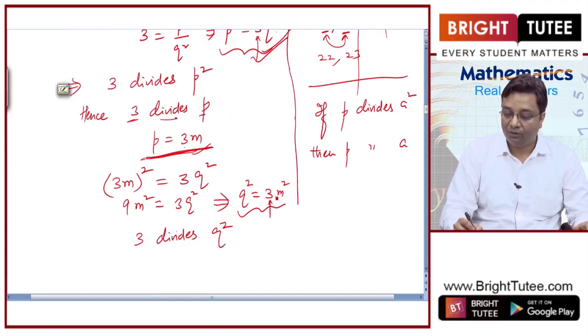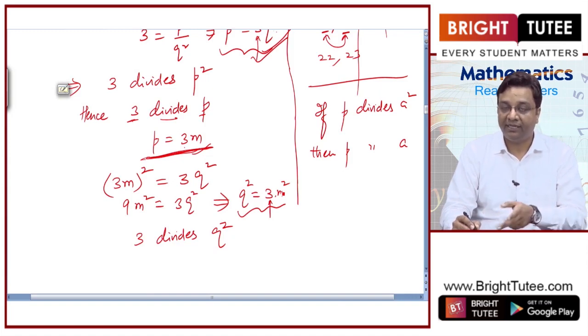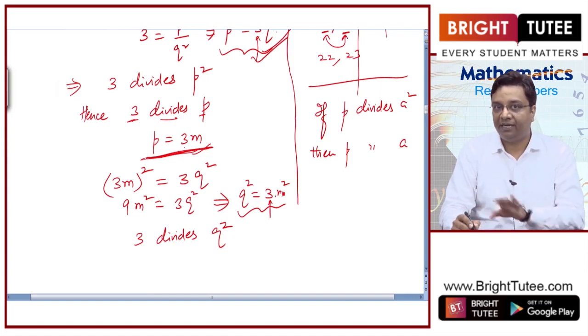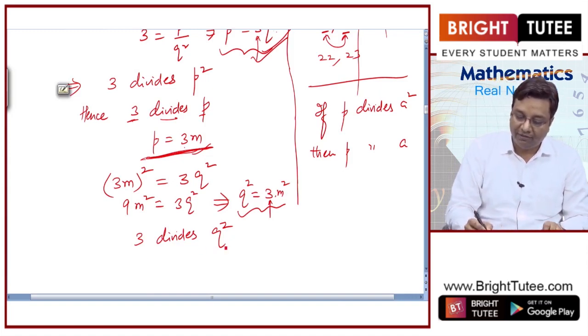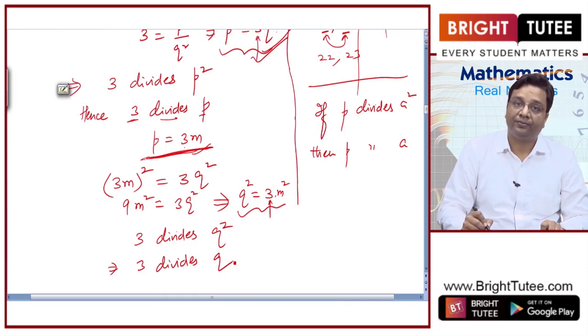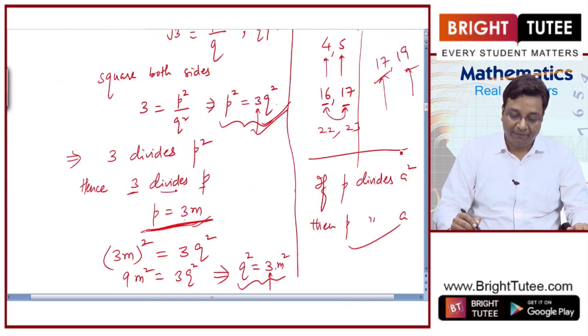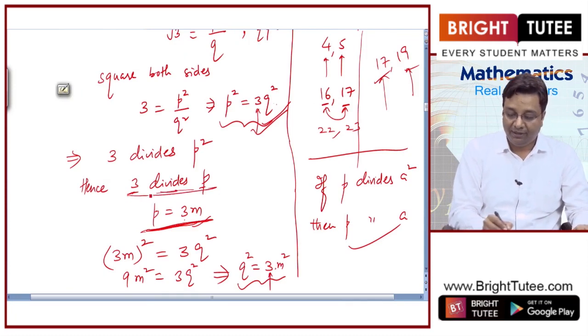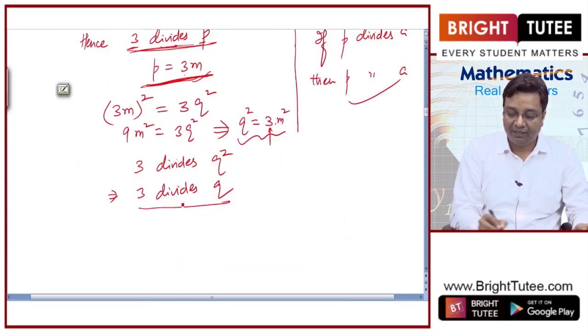Q square is equal to 3 into something, making 3 a factor of q square. So 3 divides q square, hence 3 divides q, using this theorem.